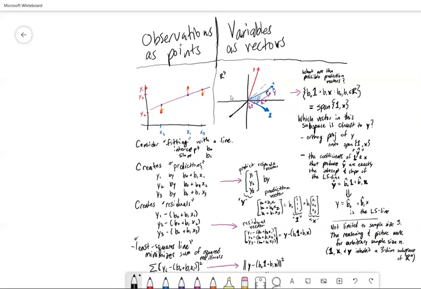I've refined my drawings a little bit, and I think it's manageable. And you may think that you already have it down perfectly, and maybe you do. But in general, this is not the intuitive way of visualizing your data. Observations as points is very intuitive. Variables as vectors take some work to become comfortable with, usually.